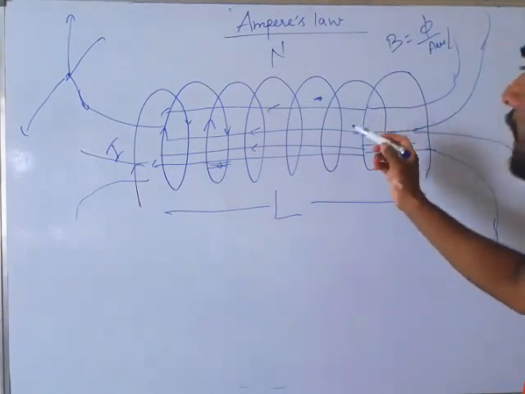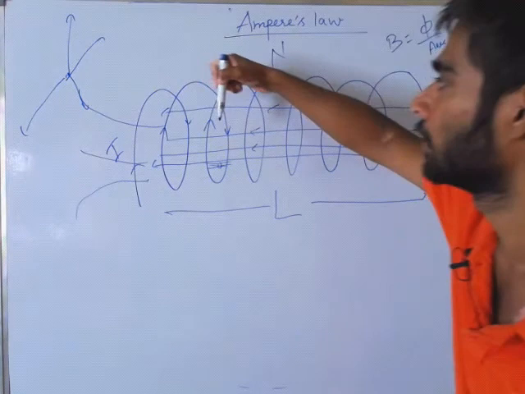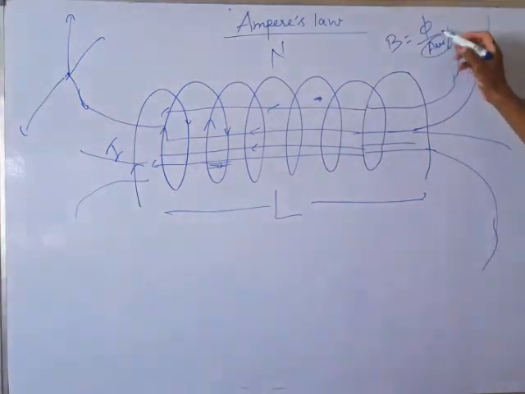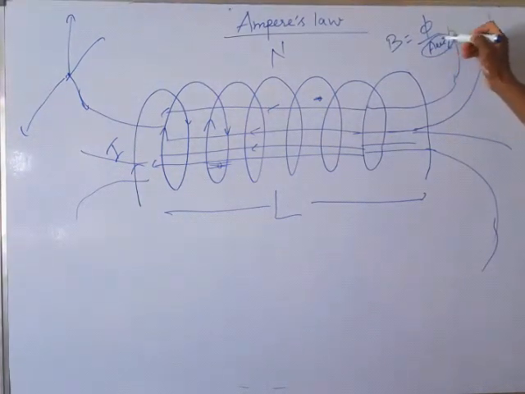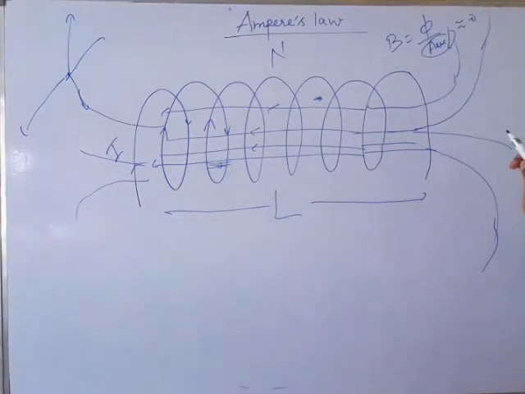One thing will be the same: the flux going outside will be the same as the flux coming inside. But it is occupying a large, infinite area, so the area becomes very high outside, and the flux density will become almost negligible outside.